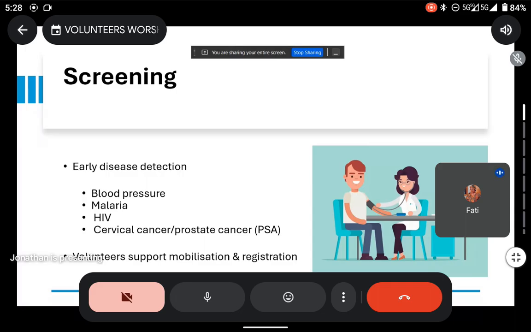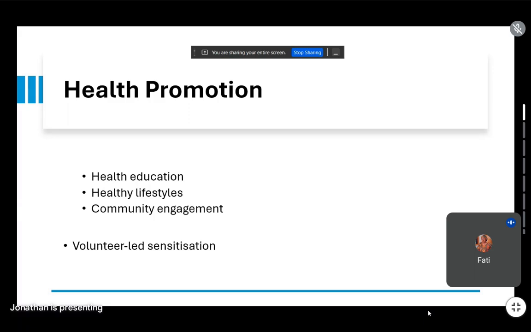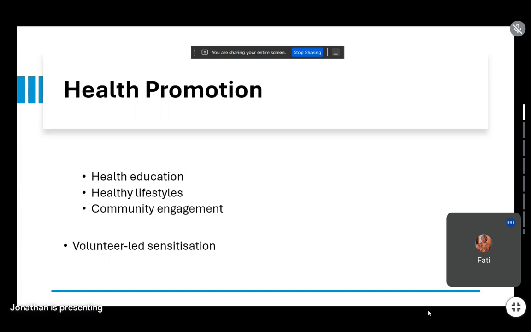Now let's look at what happens under health promotion, which is another key component of public health. Health promotion includes activities that encourage a healthy lifestyle.